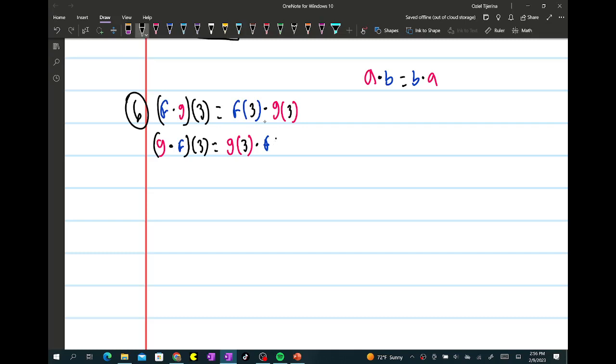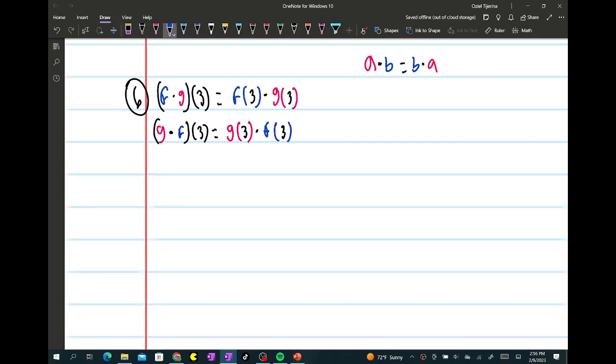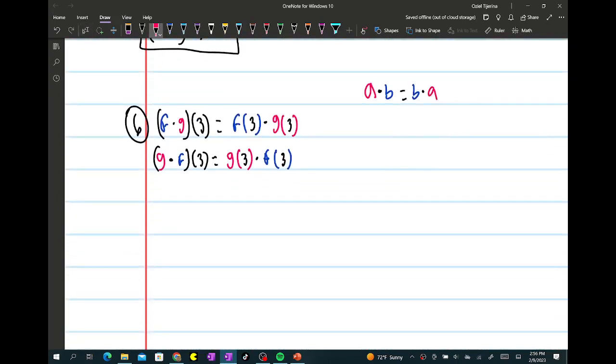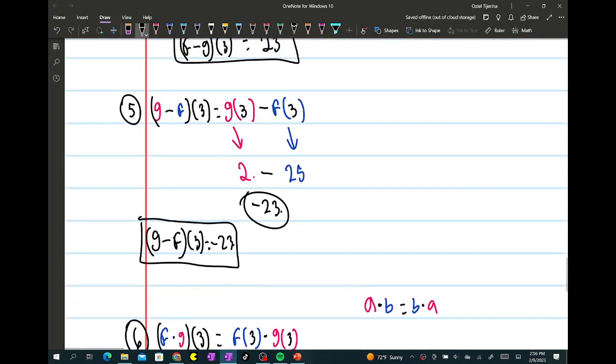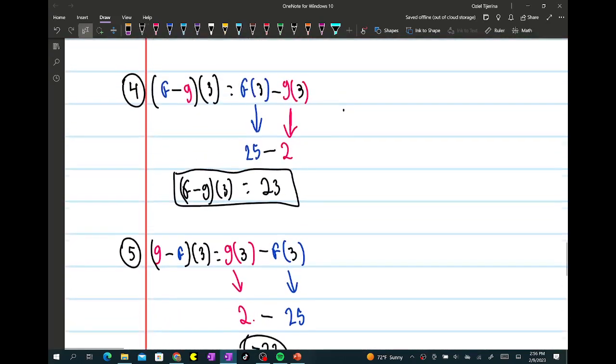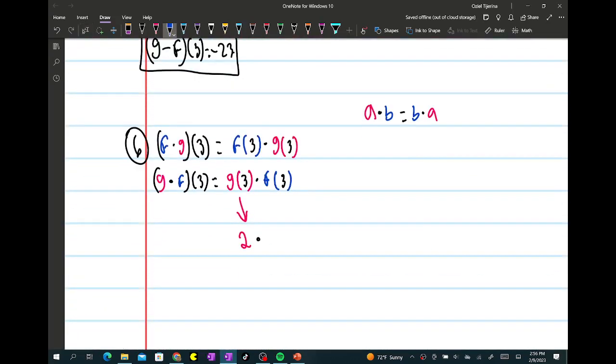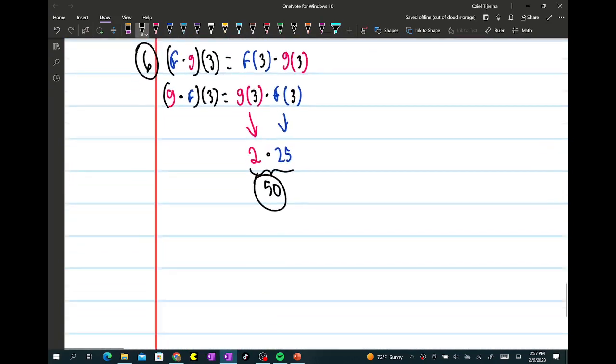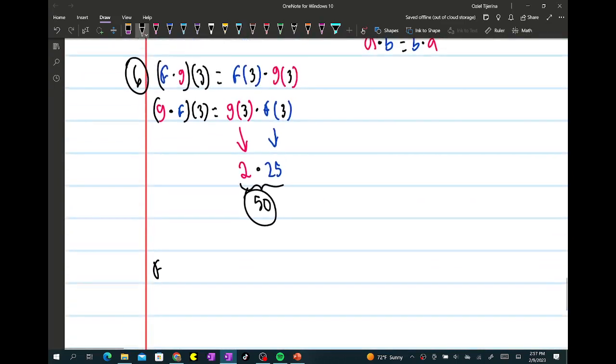So this is going to be f times g of 3, so we have something like this. And like I said, g of 3 we know is 2, so this is 2, and then times f of 3, which we know is 25, right? So together this is just going to be 50. So we know that f times g of 3 is 50.